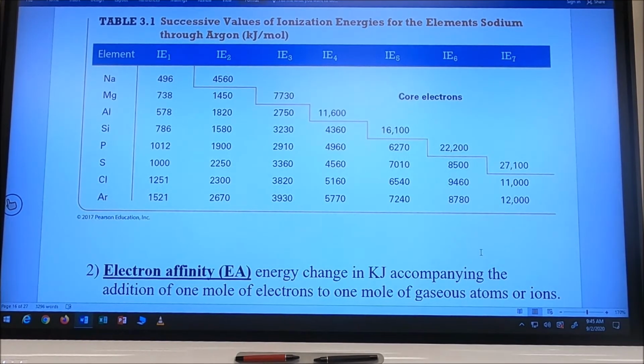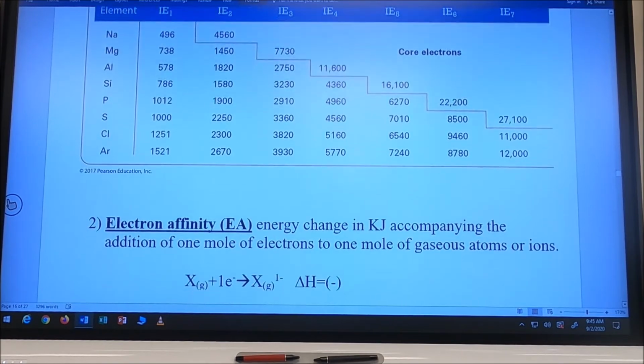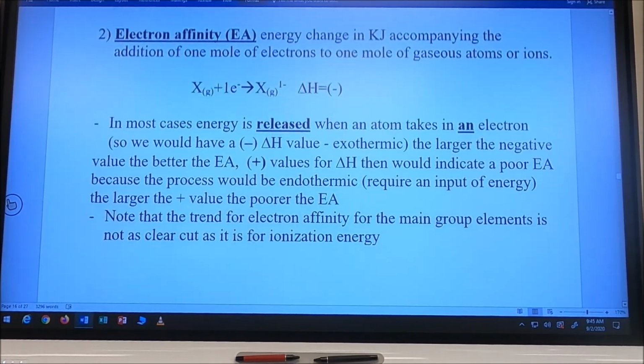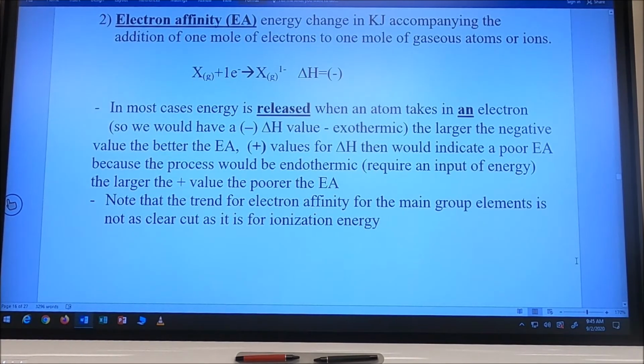Our next trend on the periodic table to look at is electron affinity. Electron affinity is the energy change in kilojoules accompanying the addition of 1 mole of electrons to 1 mole of gaseous atoms or ions.